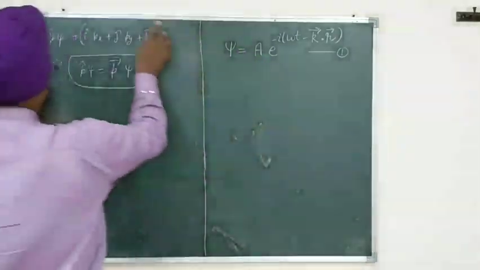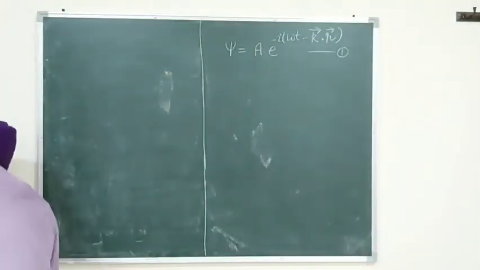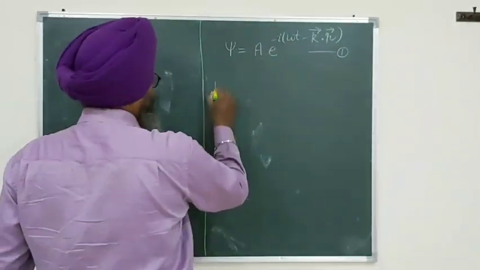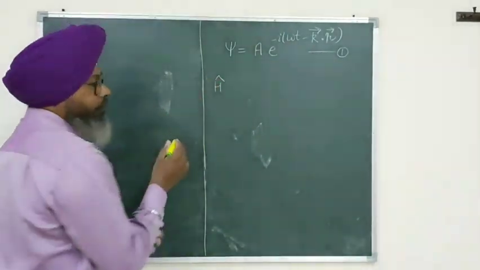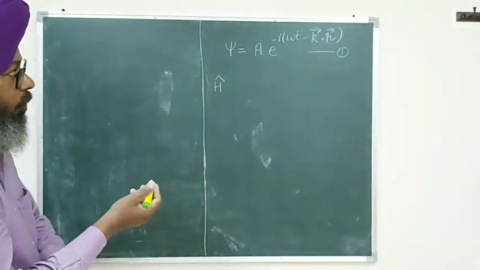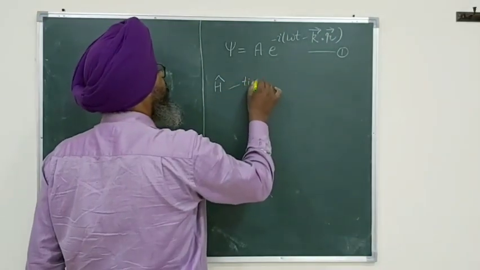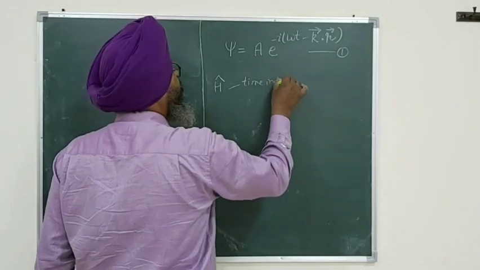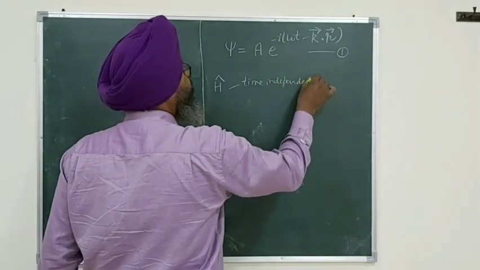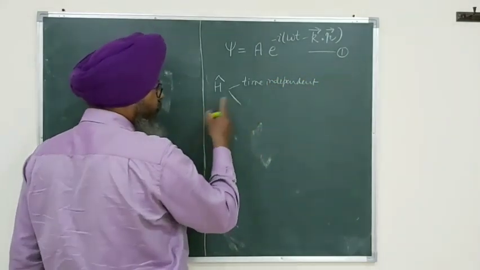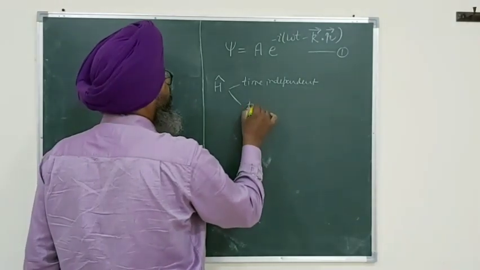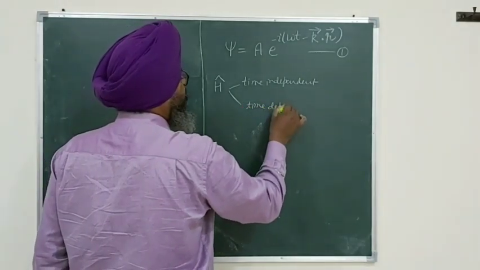Hamiltonian operator. What is that Hamiltonian operator? H cap, the Hamiltonian operator. Now it has two different forms. One form is the time independent form, and the second form of H cap is a time dependent form.